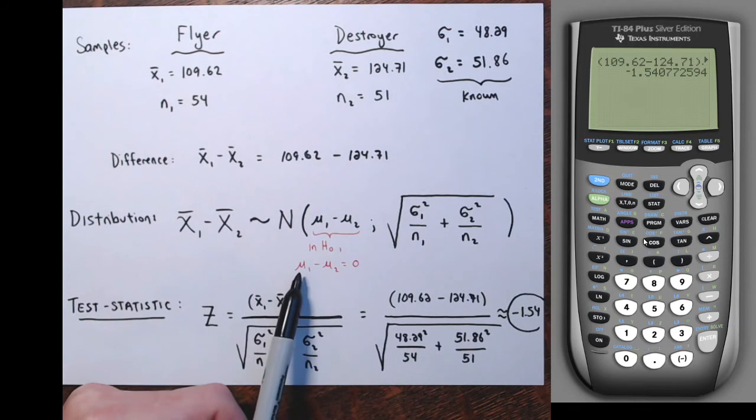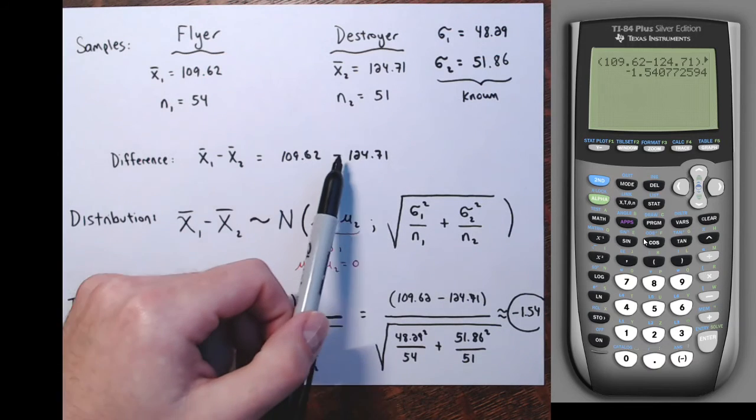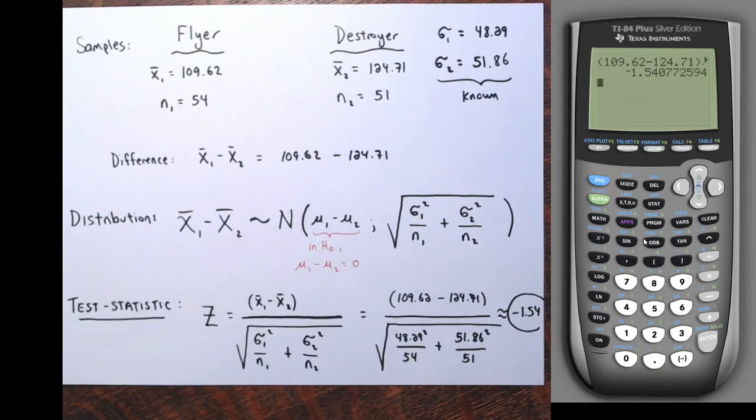We're assuming from the null hypothesis that mu1 minus mu2 equals 0. So our test statistic is negative 1.54. The difference in our sample means is 1.54 standard deviations below the assumed middle, if the population means were assumed to be equal.